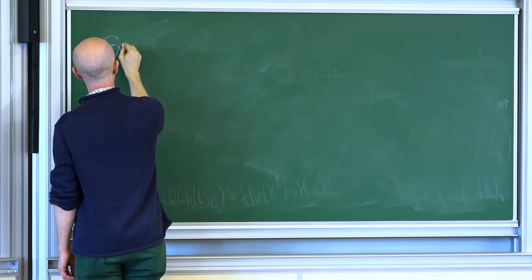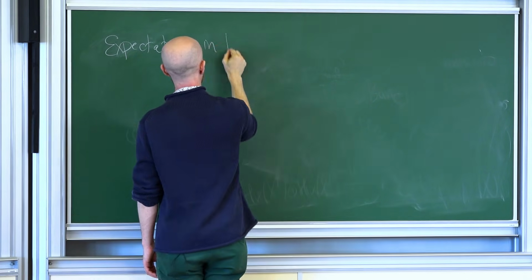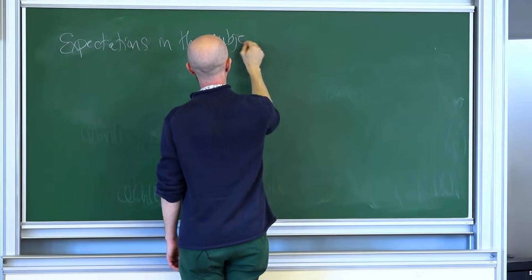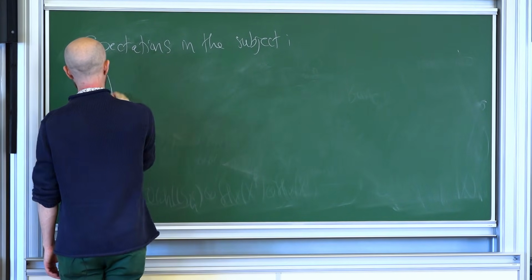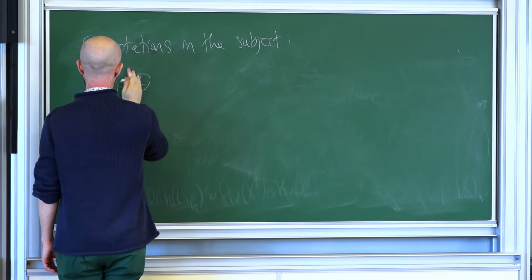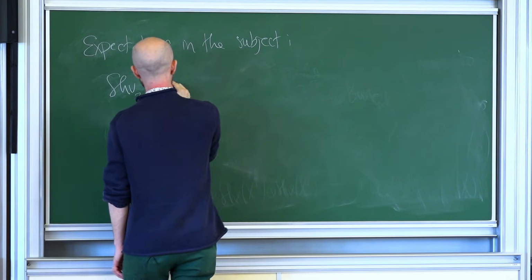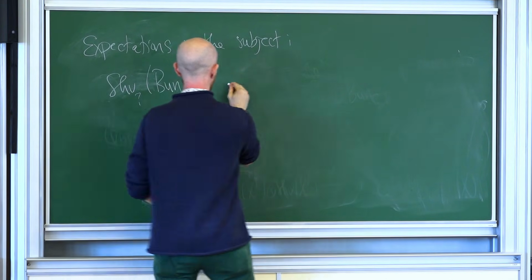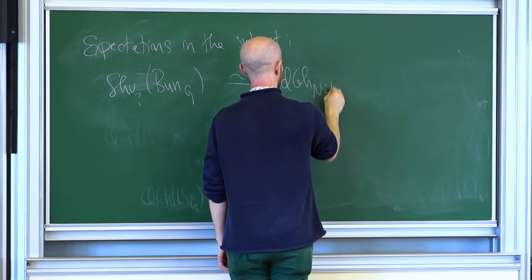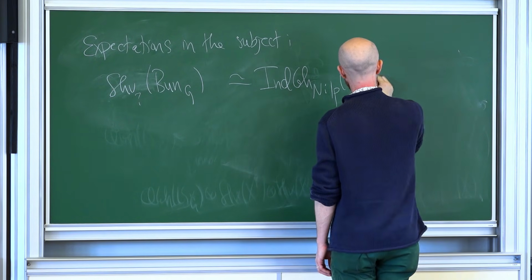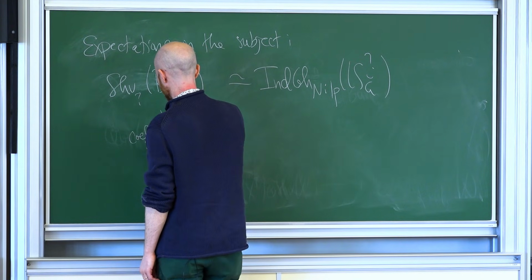One of the basic expectations in the subject is that, in any setting, when you do sheaves, maybe with some decorations, on Bun_G, and you say that this is equivalent to some kind of coherent sheaves on this locus, then I have this coefficient functor to vector spaces.